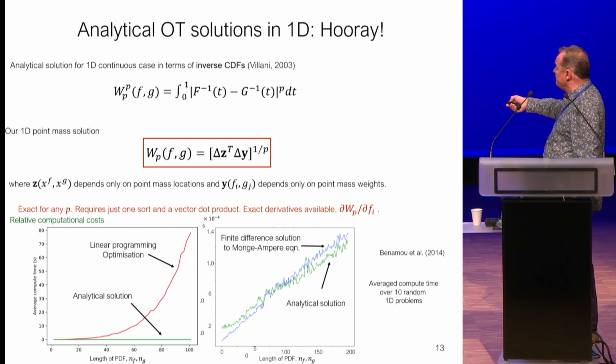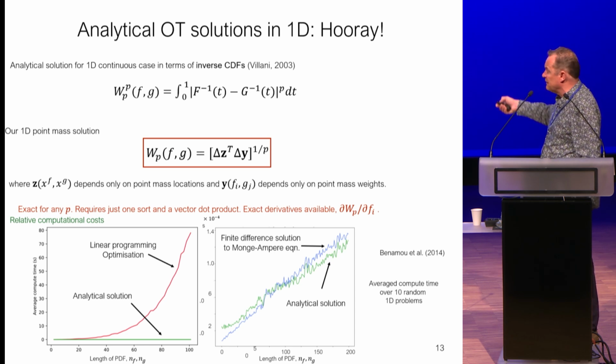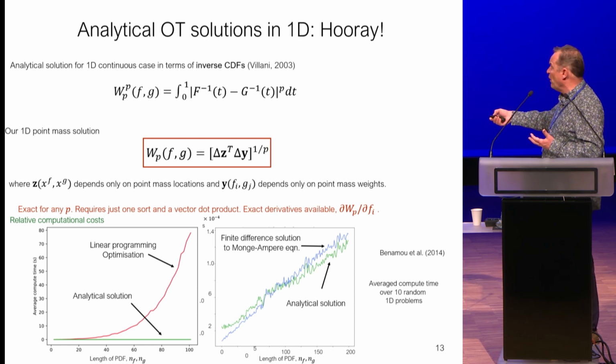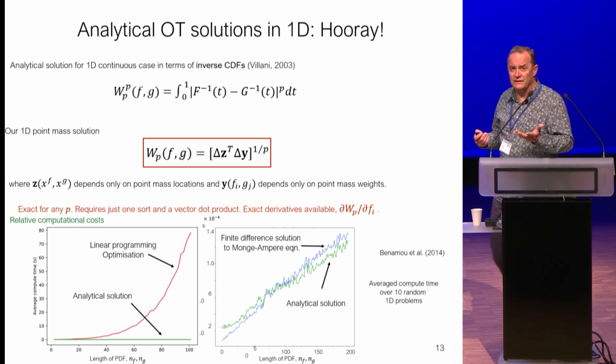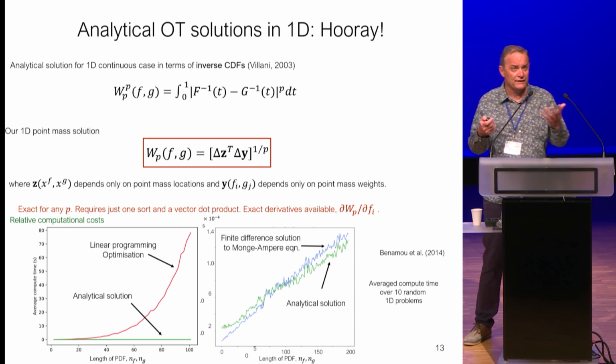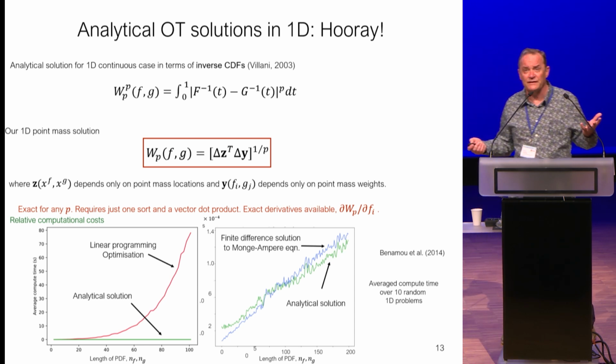On the bottom side here, I've done a simple linear program. That's the Kantorovich. The red line is the Kantorovich cost for these problems as I increase the number of points. The green blown up here is evaluation of the dot product and the sort. So that's the green, the analytical solution. And there are other methods. Here's the blue line, which is a finite difference solution of the Monge-Ampere equation, which is very popular in exploration geophysics for these problems.